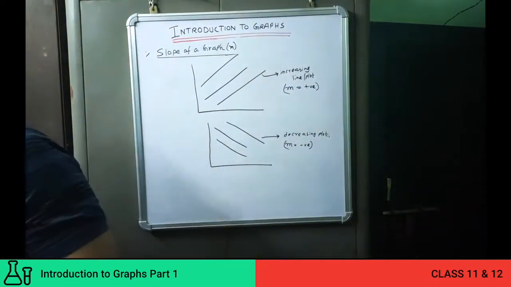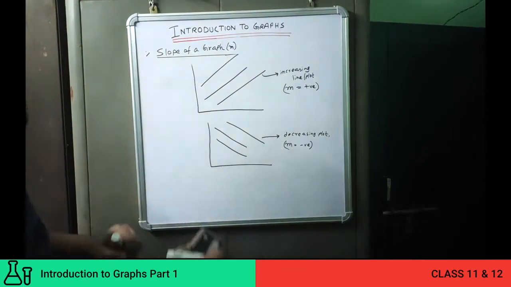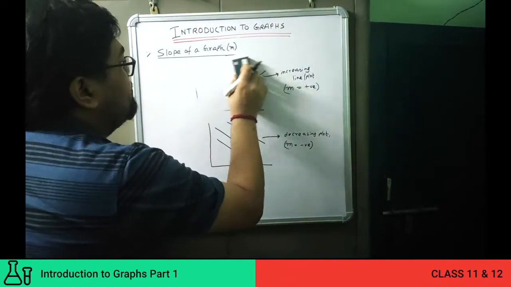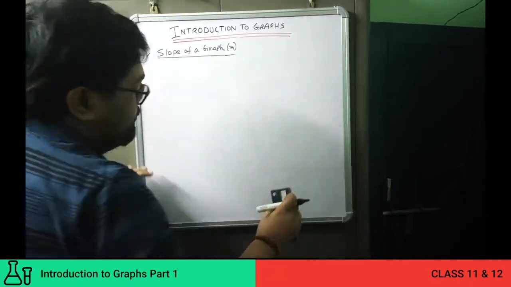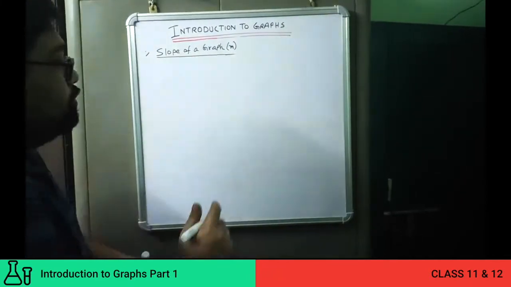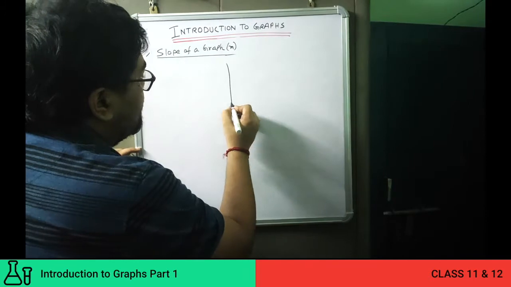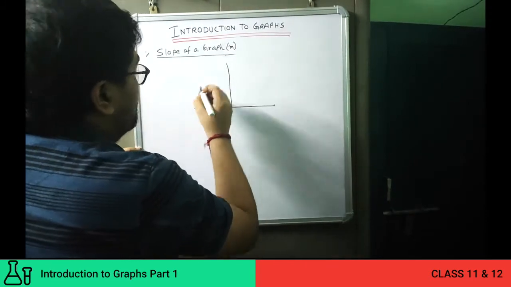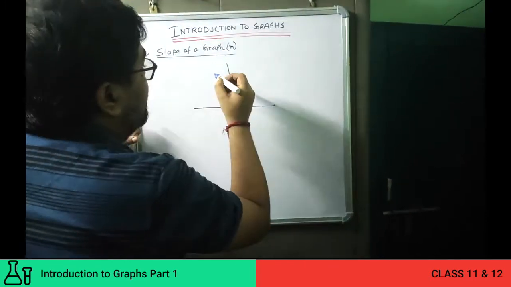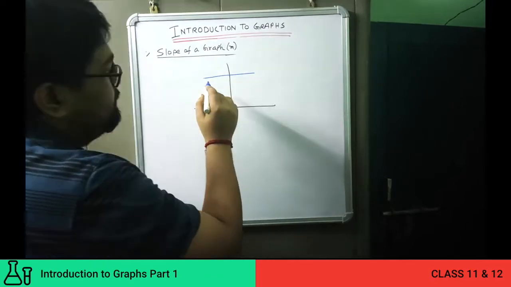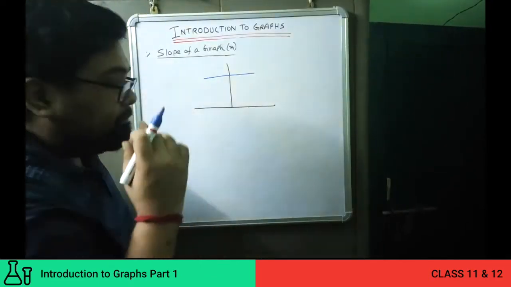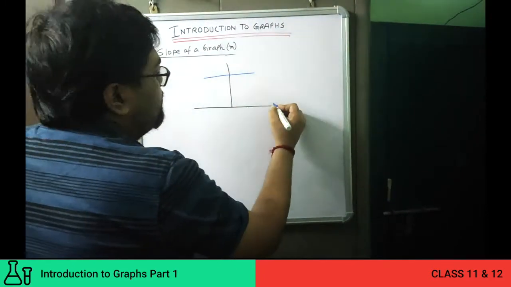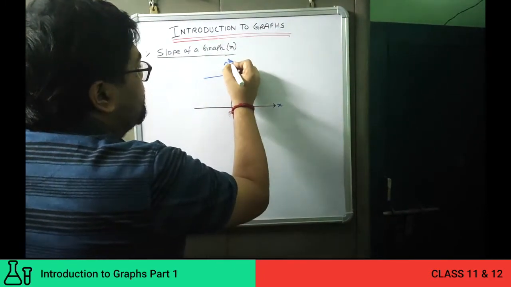negative. Now, one more thing about the slope is, if you have to find out the slope of this line that is drawn in blue color, what will be the value of m? This is x-axis, this is y-axis.